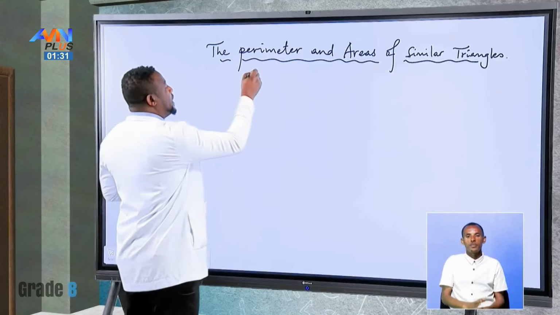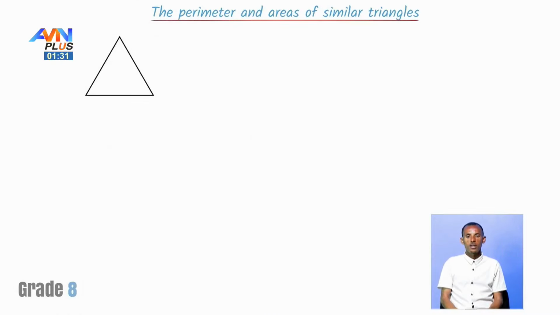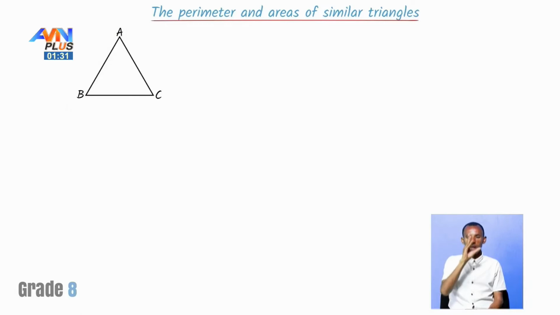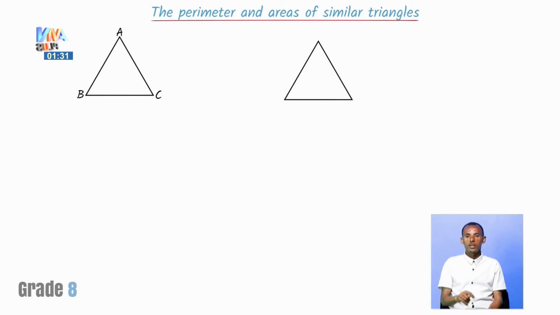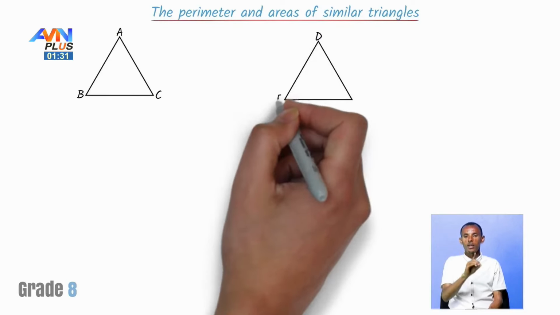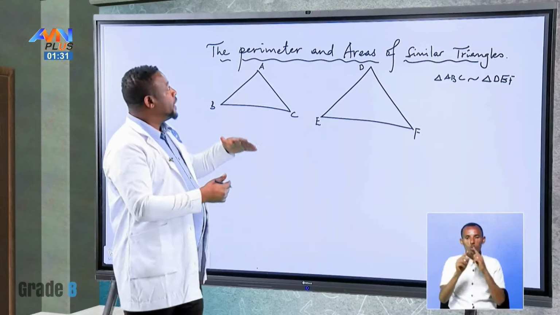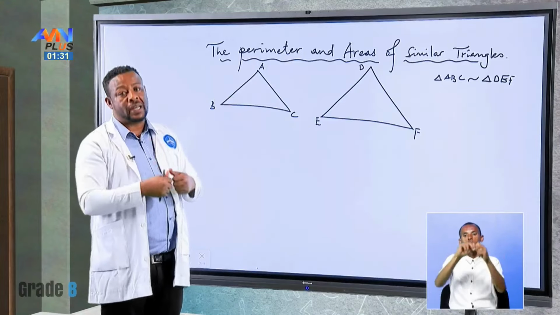So, consider this triangle. Triangle ABC, and triangle DEF, and assume triangle ABC is similar to triangle DEF, because we are going to talk about the relationship between perimeters and areas of two triangles where those two triangles are similar.